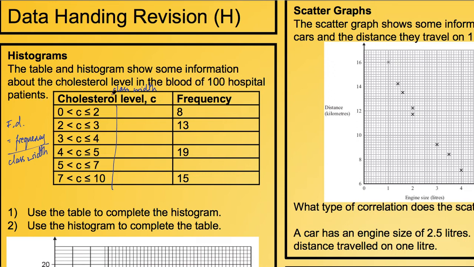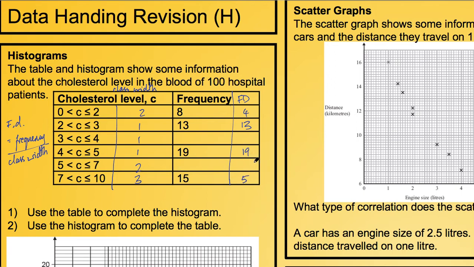So class width here, 0 to 2 is 2, 2 to 3 is 1, 3 to 4 is 1, 4 to 5 is 1, 5 to 7 is 2, 7 to 10 is 3. Frequency density, then I'll add an extra column here, which I'll just call FD. Frequency divided by class width, 8 divided by 2 is 4, 13 divided by 1 is 13, 19 divided by 1 is 19, 15 divided by 3 is 5.